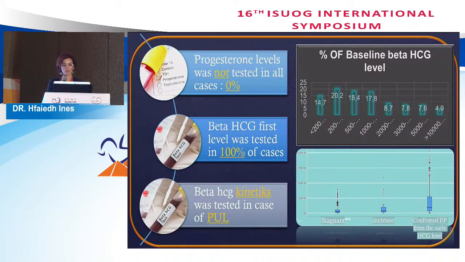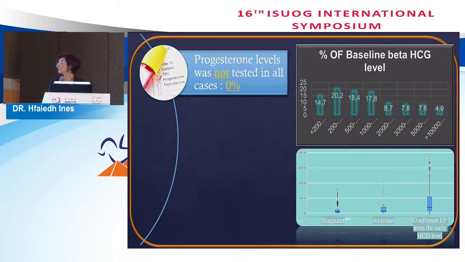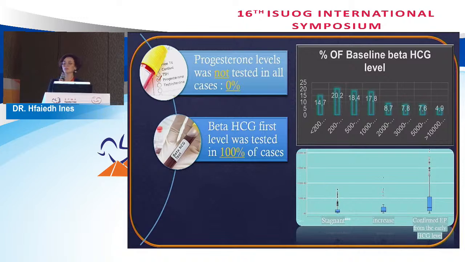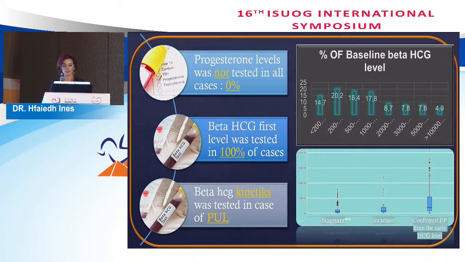And here, the progesterone level was not tested in all cases, 0%. And beta-HCG first level was tested in 100% of cases. Beta-HCG kinetics was tested in case of pregnancy of unknown location.